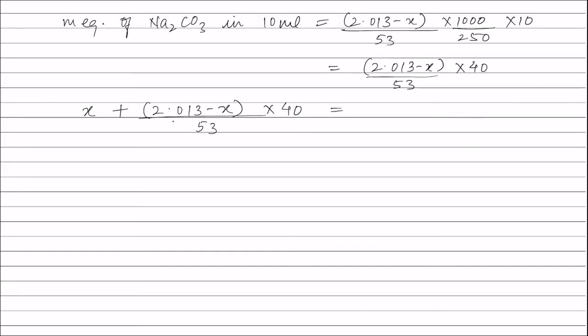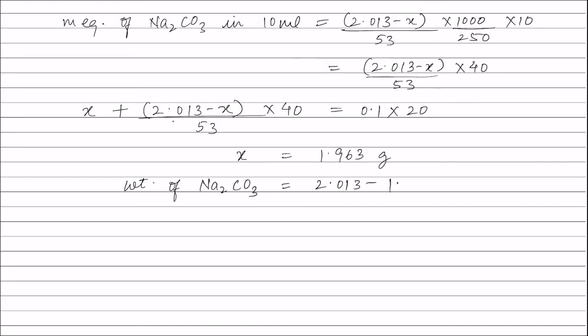And milli-equivalents of sulfuric acid will be equal to normality of sulfuric acid, that is 0.1, into volume of solution in milliliters, that is 20 milliliters. Solving this equation, the value of x is equal to 1.963 grams. Therefore, weight of NaOH is equal to 1.963 grams.